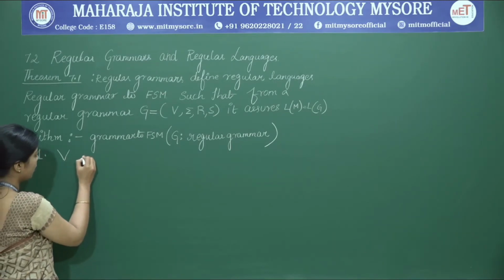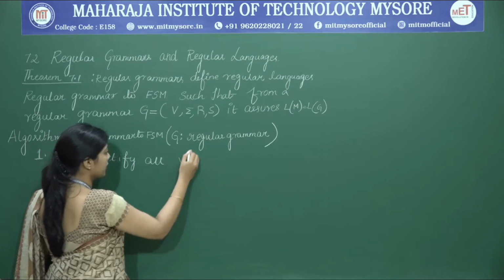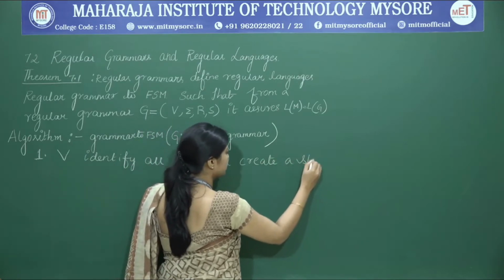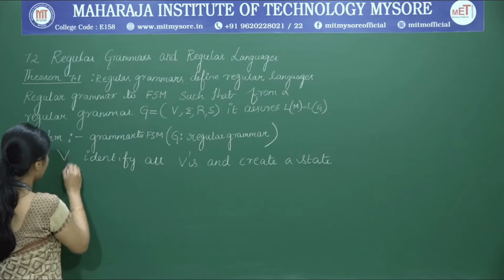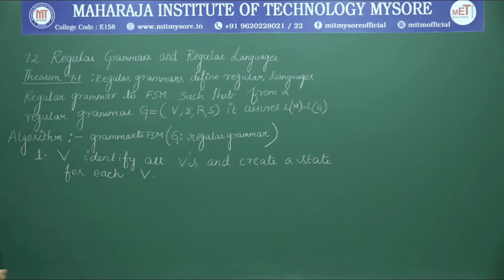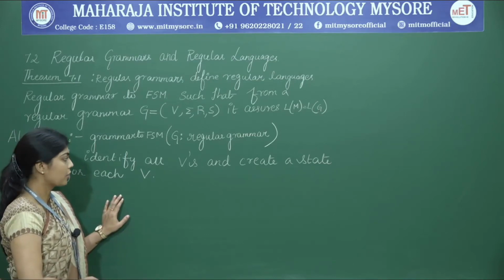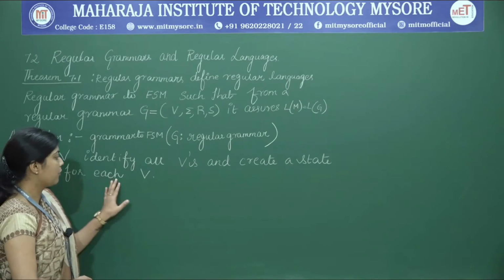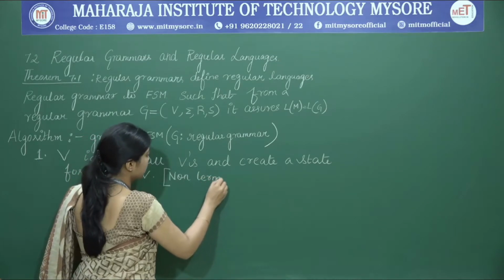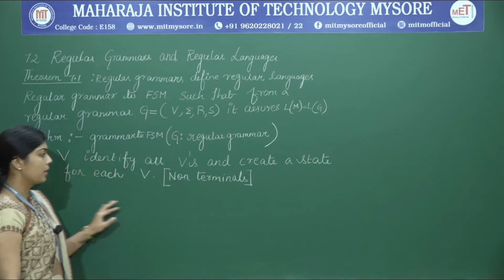So, we identify all V's and create a state for each V. We are going to identify all the variables in the grammar production rules and create a new state for each V, that is, for all the non-terminals. So, we are concentrating only on the non-terminals this time.